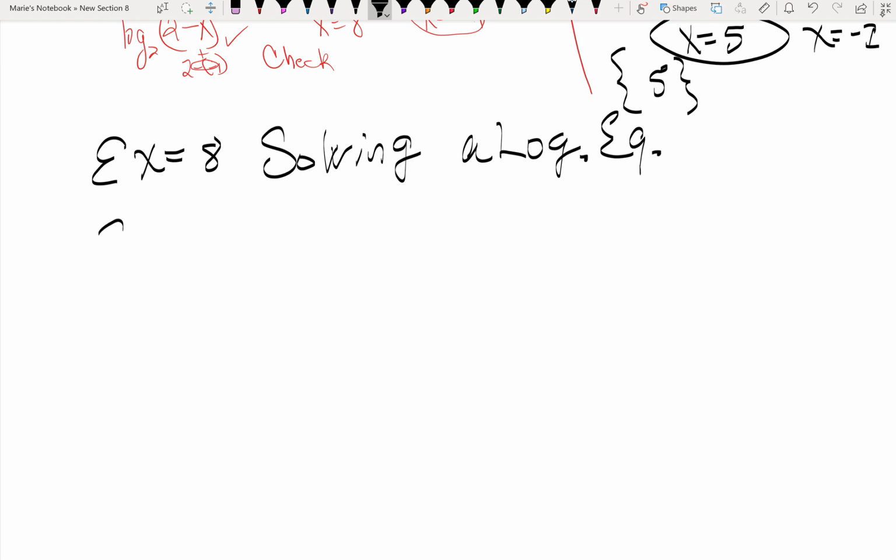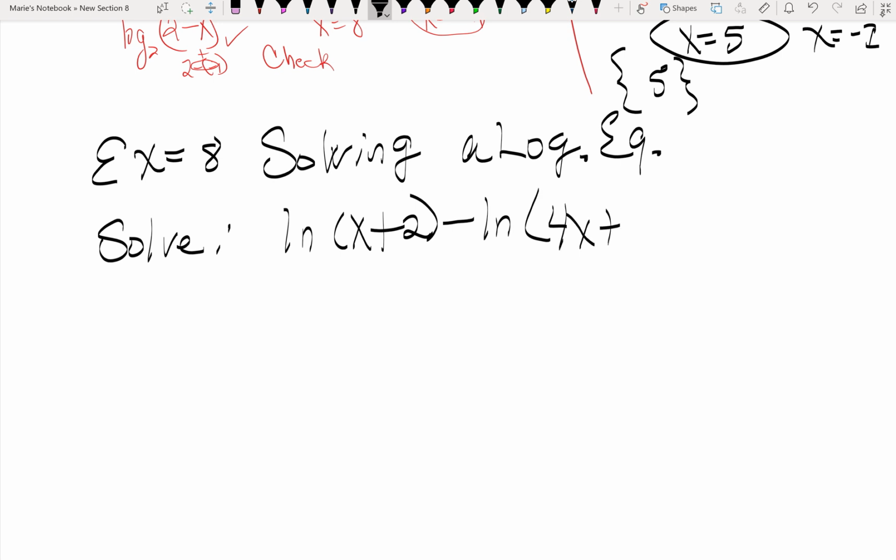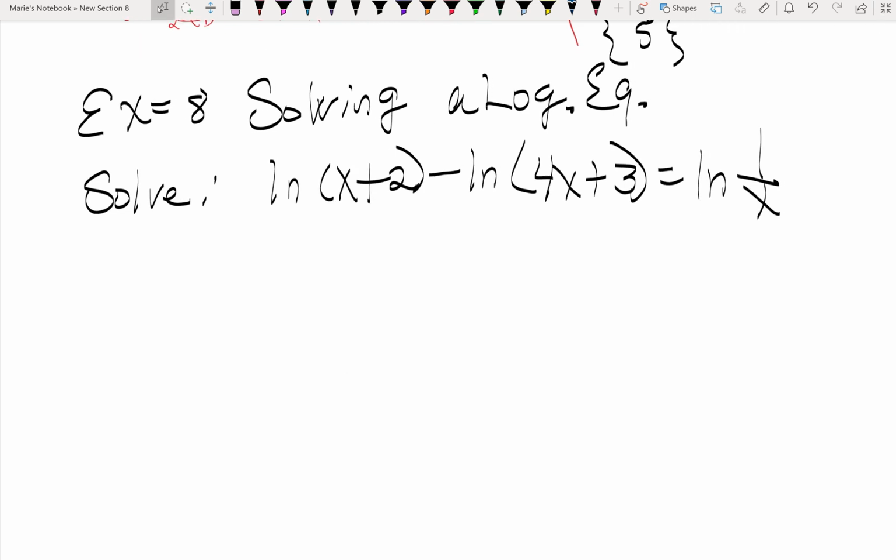Solve the natural log of x plus 2 minus the natural log of 4x plus 3, and this is equal to the natural log of 1 over x. This question is not difficult, it's just long. Very long question, but very easy at that.